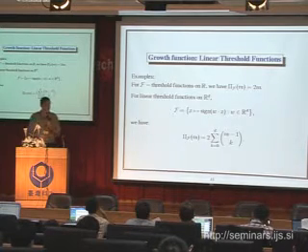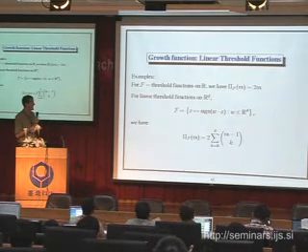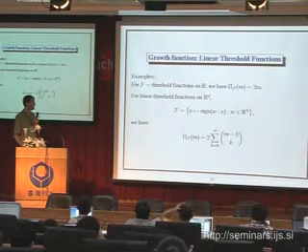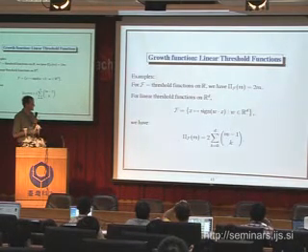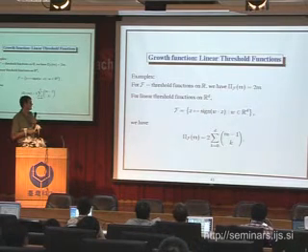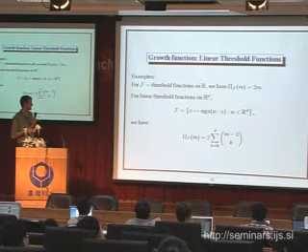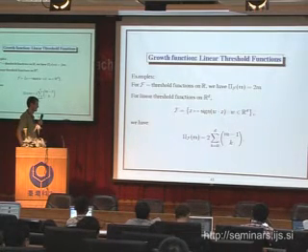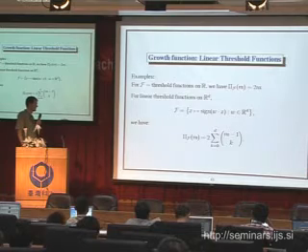More generally, for linear threshold functions on R^d, which doesn't have this nice order property, here we're thinking about functions that map from x to, I've thrown away a threshold here, so it's a little different from this case, the sign of the inner product between x and a parameter vector w in R^d.